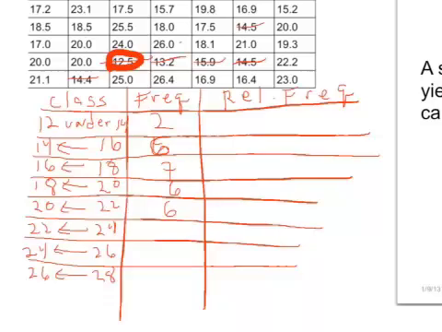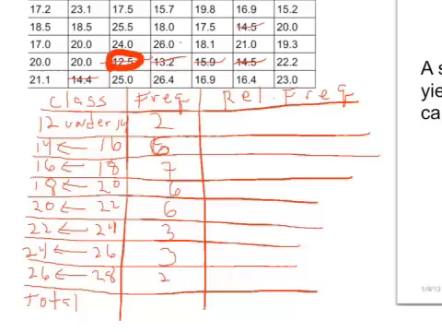And 22 to 24 is 3. 24 to 26 is 3. And then finally 2. And then we can do our total. This should add up to however many data points we have, which I believe was 35.